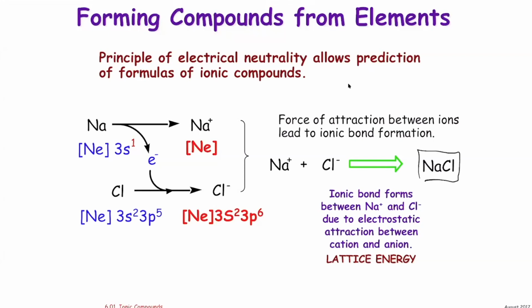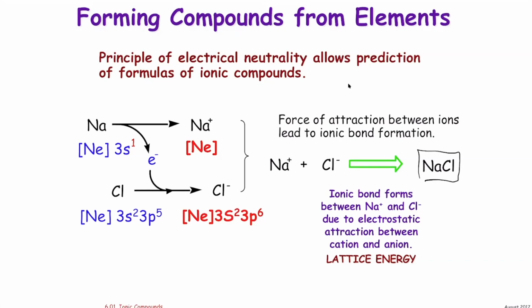But you've got to remember, the positive sodium and the negative chlorides are charged. So if there was a sodium atom isolated, it's not going to look for one chlorine and say, I pick you to be my partner. It's actually going to be attracted to all the negative chlorides out there.